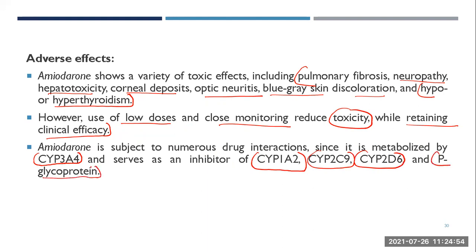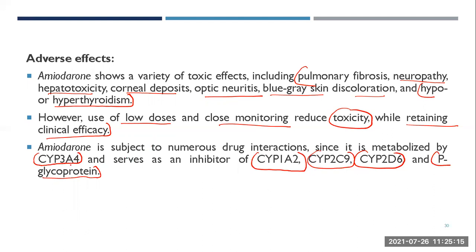As it is metabolized by CYP3A4, which is the enzyme that metabolizes about 70% of prescription drugs, there are many other drugs that inhibit this enzyme.